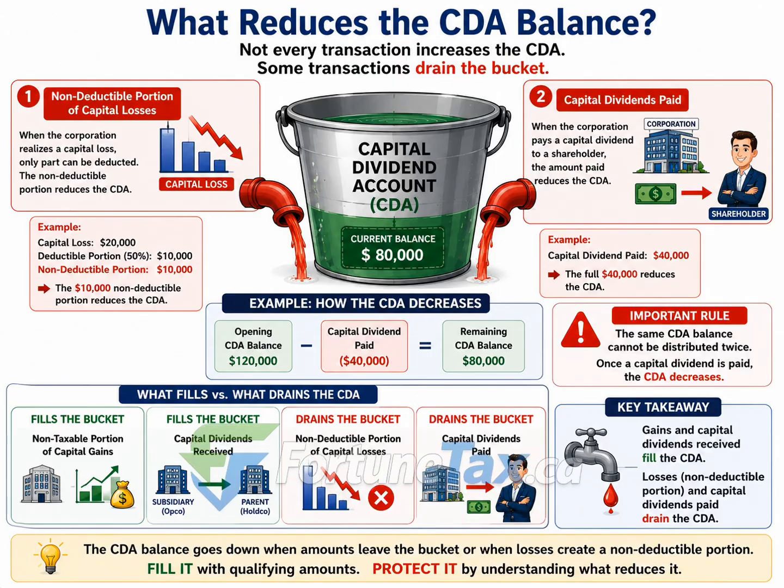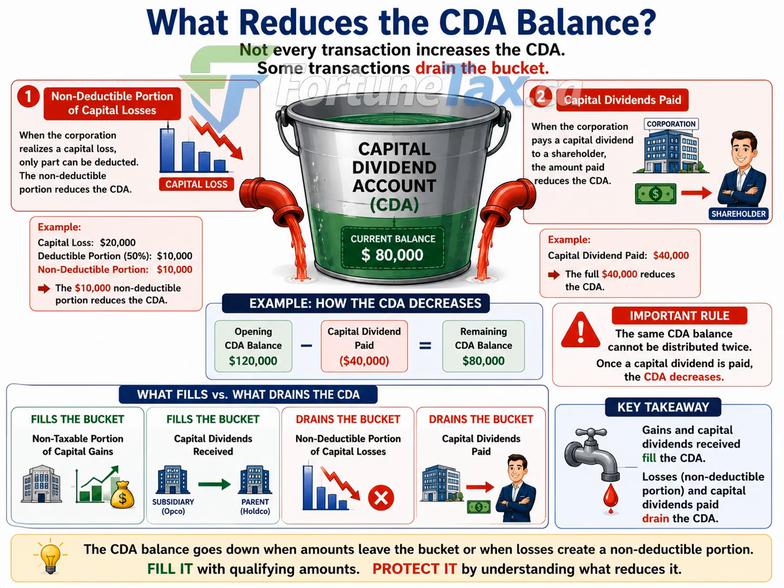The first is the non-deductible portion of capital losses. When a corporation realizes a capital loss, the CDA does not ignore that loss. Instead, the non-deductible portion reduces the CDA balance. Think of it as tax-free value leaving the system. This rule exists to maintain fairness.